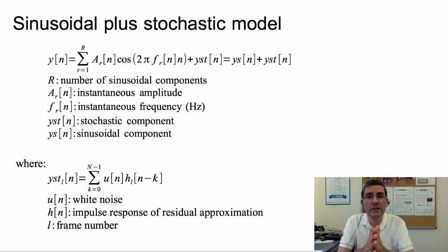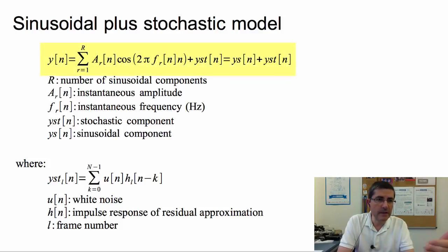So let's introduce the stochastic approximation of this residual component, and let's present this idea of the sinusoidal plus stochastic model. Very similar to what we saw before, we have the signal as the sum of sinusoids plus the stochastic signal. Now this stochastic component is not just the subtraction of the sinusoids from the original signal, but is actually the result of a modeling approach.